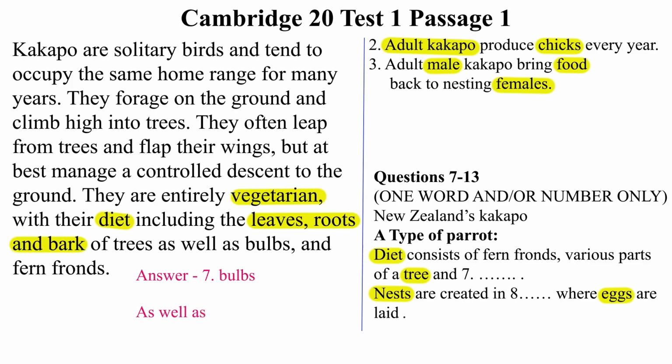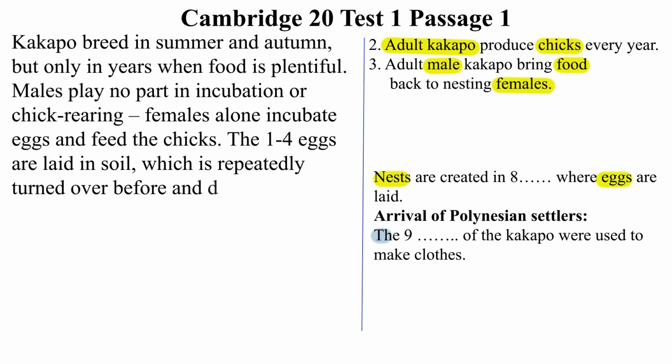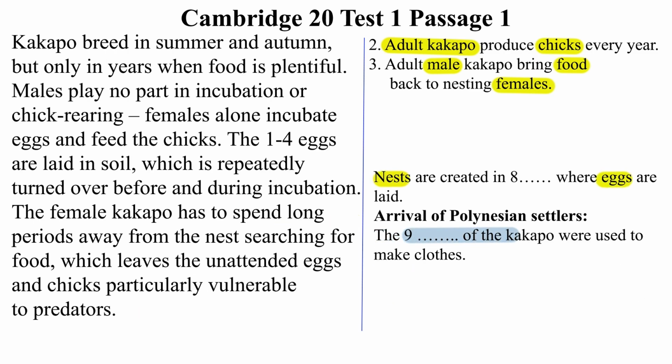Fern fronds is also given in the question. So bulbs is the only part of the tree that is not given in the question, so it is the answer. Now take a look at question number 9. The dash of the kakapo are used to make clothes.